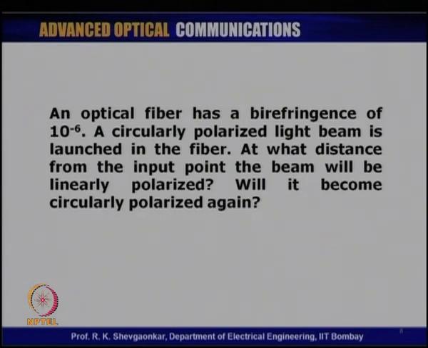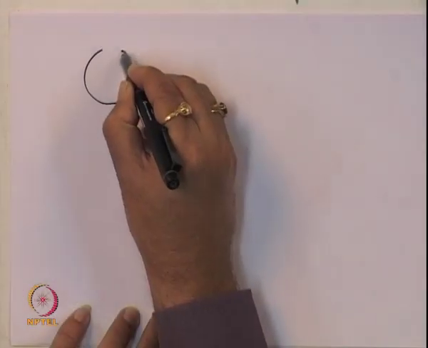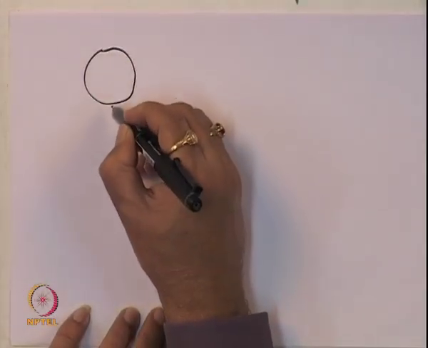A circularly polarized light beam is launched in the optical fiber. At what distance from the input point will the beam be linearly polarized? Will it become circularly polarized again? That is the question.